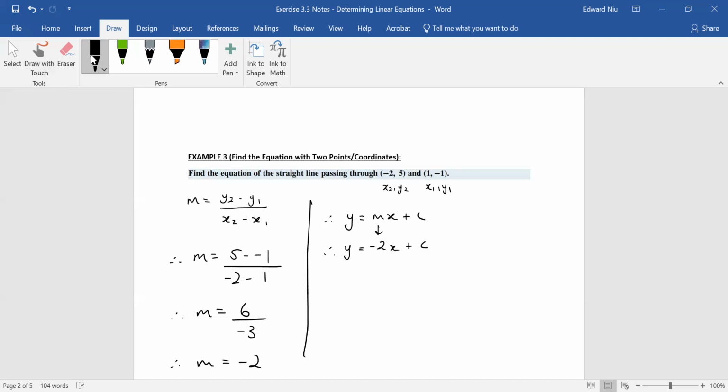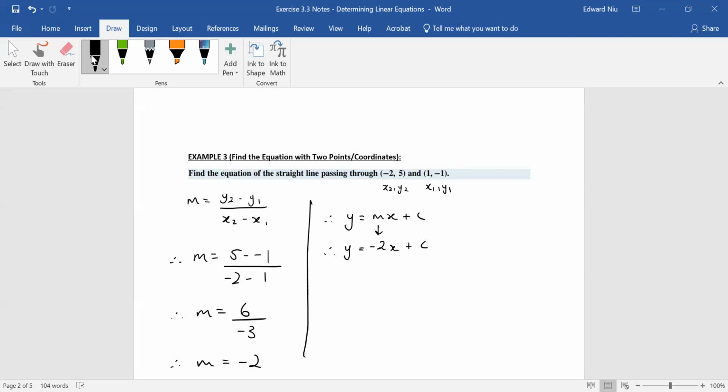What you notice now though, without the graph, we actually don't know where the y-intercept is. So what you do, take either point, whichever's easier. Usually if you have anything with 1 in the point, you'd probably go with that one because that's going to be easy to substitute in.